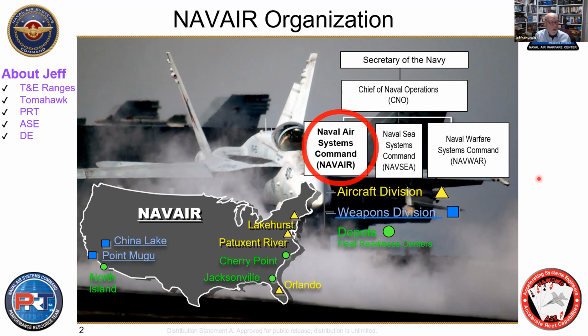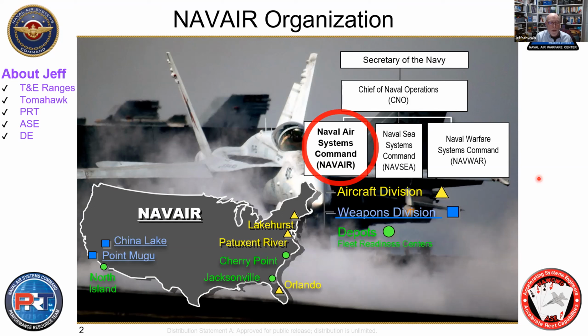And you see that map of the United States that outlines NavAir's major sites. I'm on the West Coast at China Lake. Point Mugu is our connected organization. Together, we are the weapons division. So we make all the weapons systems and then integrate those with the platforms like the fixed wing and rotary wing, in other words, airplanes and helicopters.